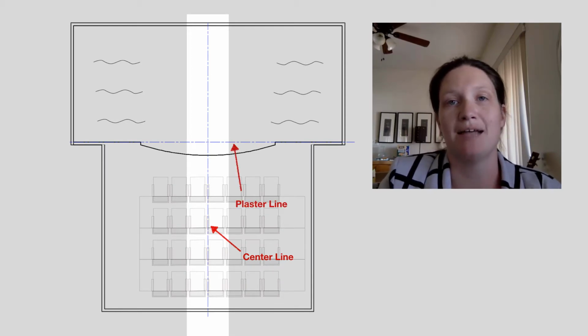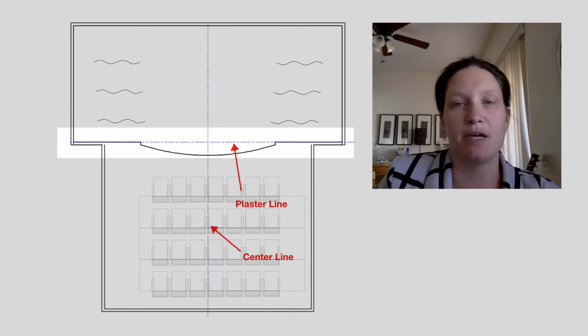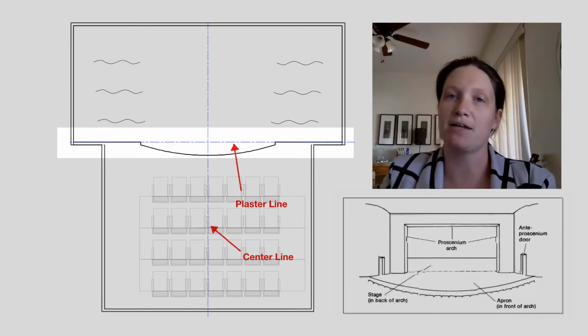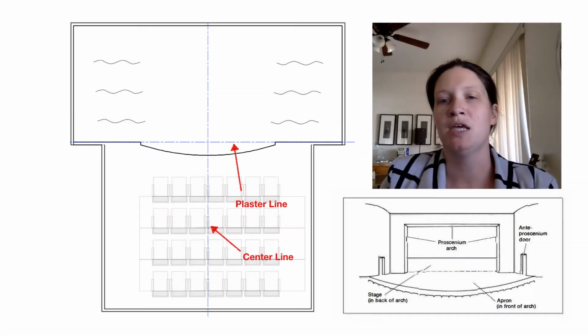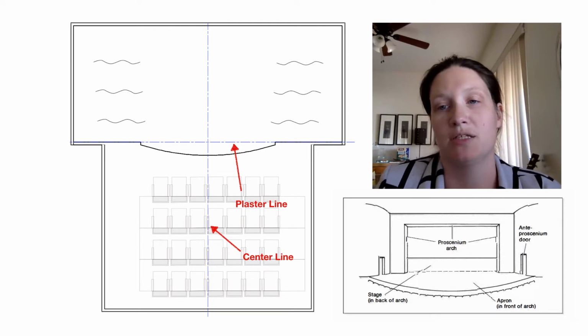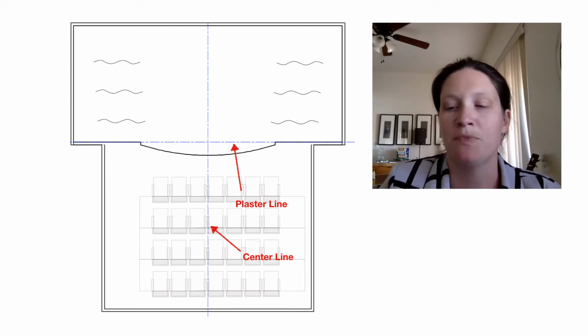And then you have a plaster line, and the plaster line runs directly left and right at the proscenium. If we're looking in a regular theater space, your proscenium, if you remember, is the window to the fireplace. And so your plaster line is an invisible line that runs just at that proscenium line. This is super important for us because this is how we number our instruments, based on the plaster line. We number our positions based on plaster line, okay?